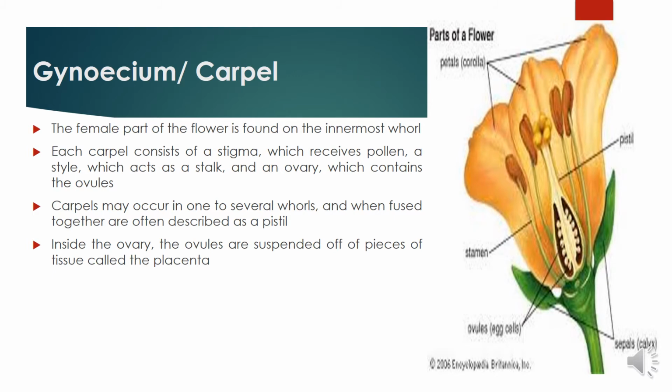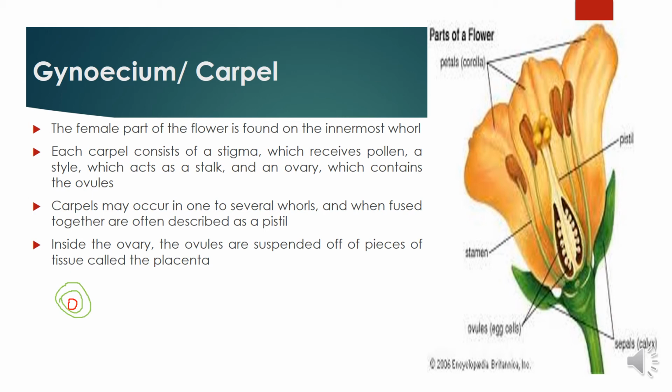Gynoecium or carpel is the female whorl, which is the innermost. This gynoecium is surrounded by one or more whorls of androecium. It can be one whorl of androecium or two whorls of androecium, that is the male part. This occurs in a bisexual flower.